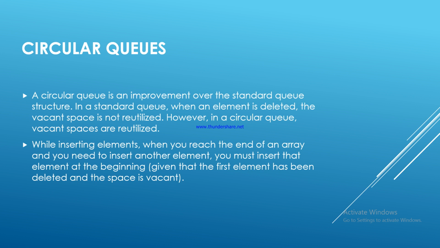While inserting an element, when you reach the end of the array and you need to insert another element, you can insert it at the beginning, given the first element has been deleted and the space is vacant. As long as the space is vacant, elements can be inserted at the front. This goes on in a circular motion.